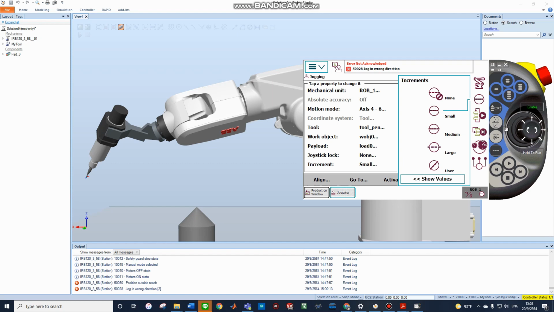The small control will move 0.05 mm, and medium will move 1 mm, and large will move 5 mm. The user is used for 0 to 5 mm. Okay.